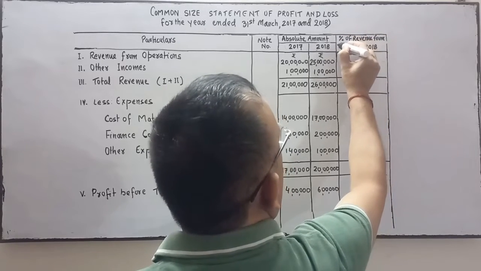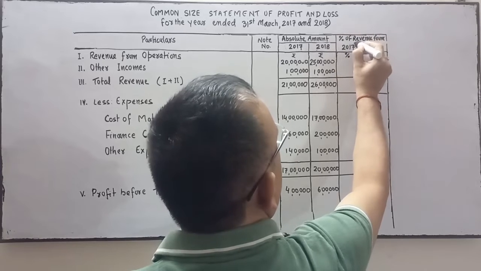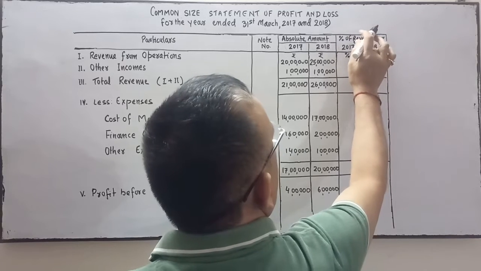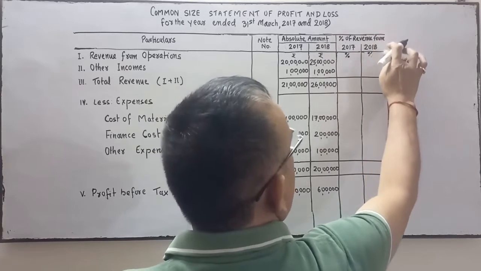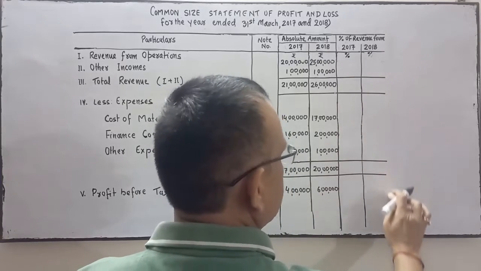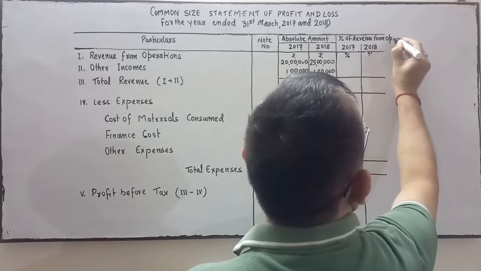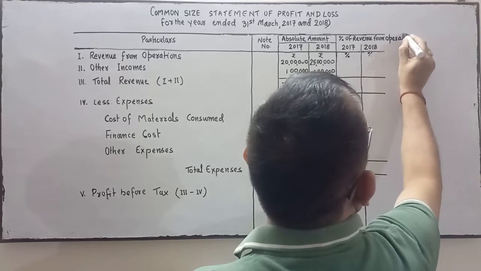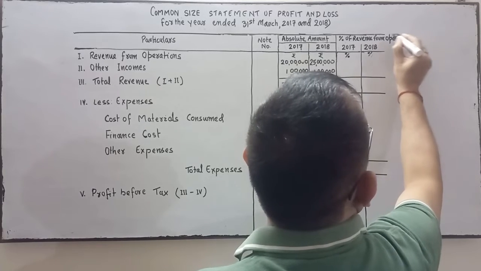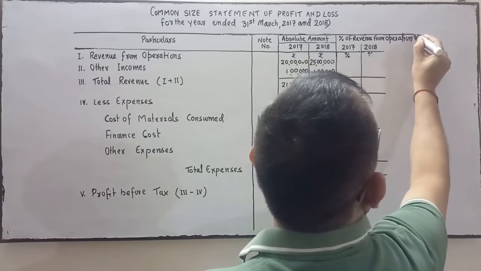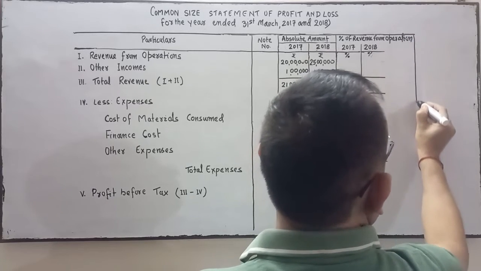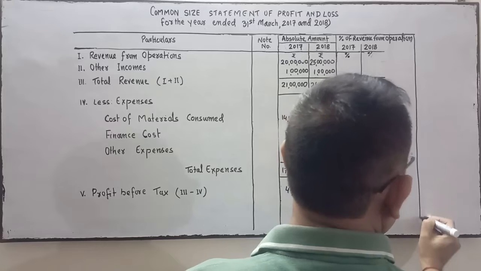Revenue from operation. Okay, I'm just extending this line. Revenue from operation. Is it clear?